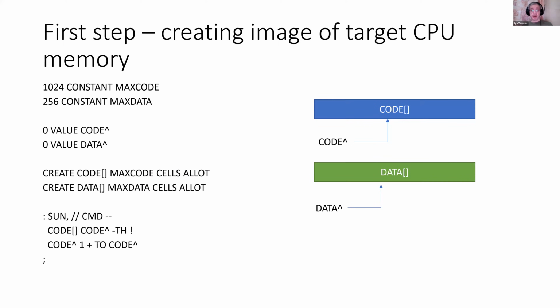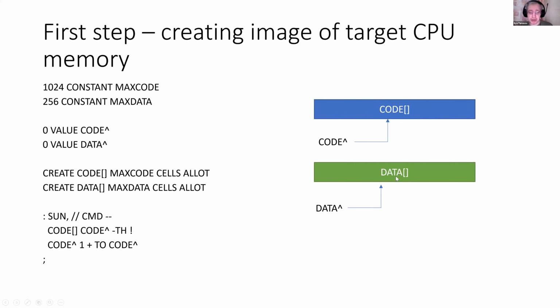And the first step in Forth, of course, is to describe two memory images. This is one array to store our code, and one array to store our data, but this is not necessary. It may be for simulation. Usually the data array is empty, just placeholders for variables.